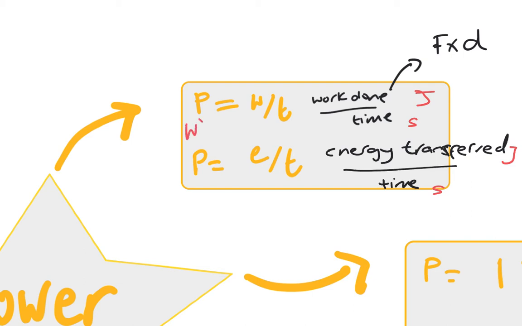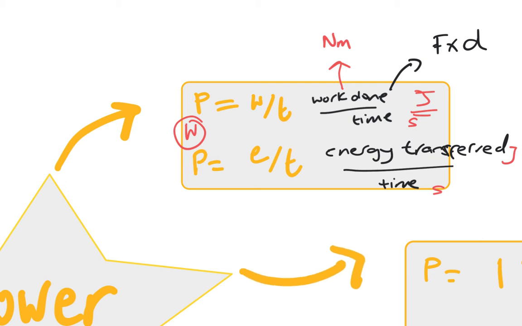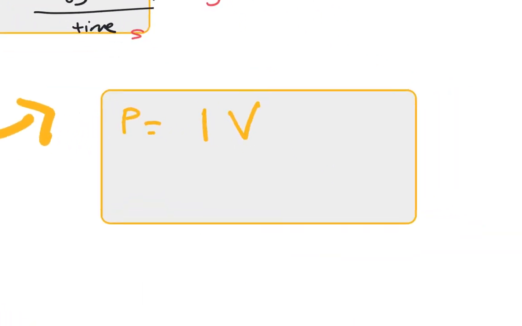Power, the unit, is watts. Now, work done, the alternative unit here is Newton meters. But it's more common in P1 at least for it to be given in joules. Both are correct.